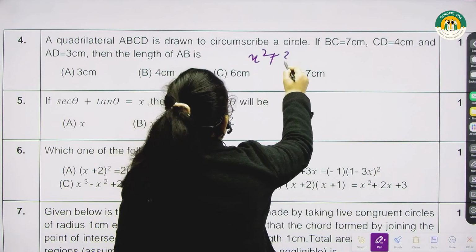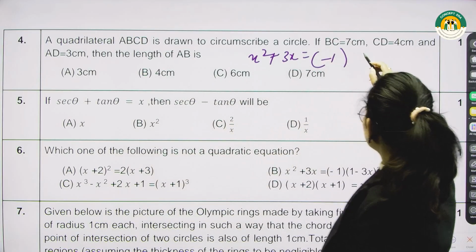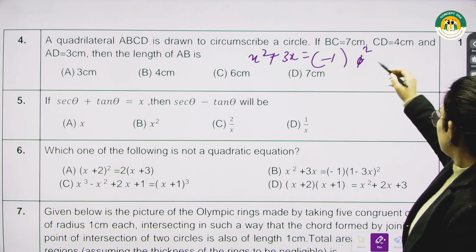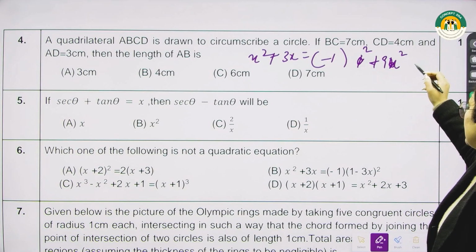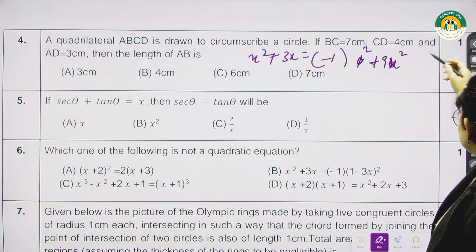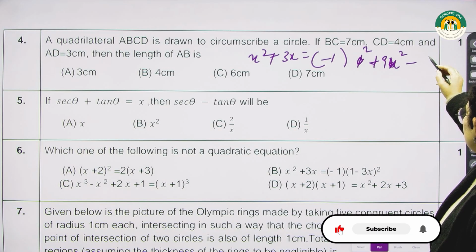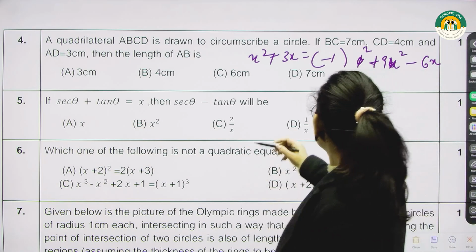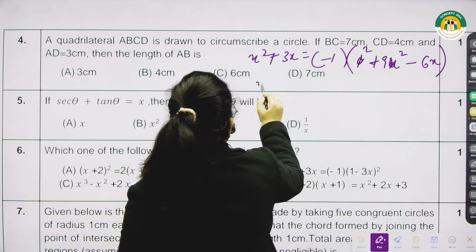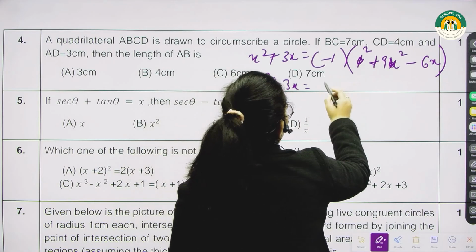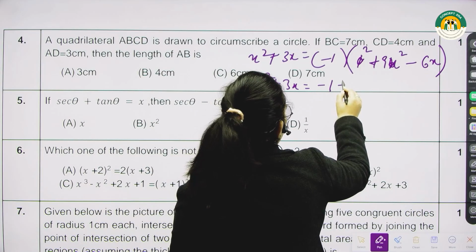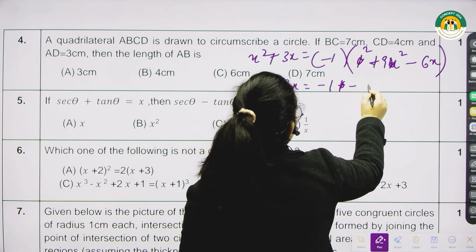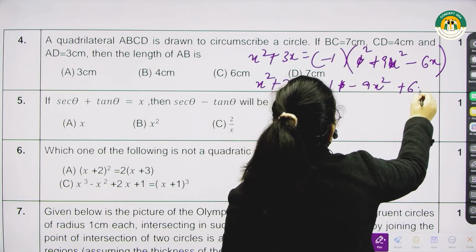Let me solve this again. x square plus 3x is equal to minus 1 into a square plus b square minus 6x. So x square plus 3x is equal to, when we multiply this, minus 1 plus minus 9x square plus 6x.